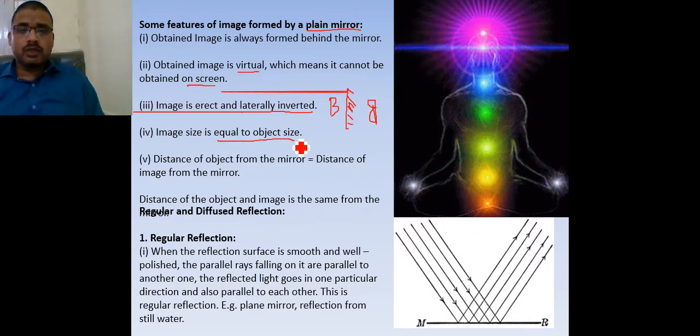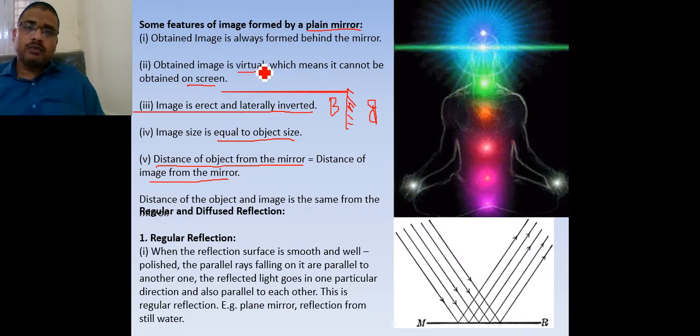The distance point is very, very important. There are also some questions in your NCERT book. The distance of the object from the mirror is equal to the distance of the image from the mirror. You can see clearly all the things I have explained. Virtual means the erect image, and an erect image is not found on the screen.